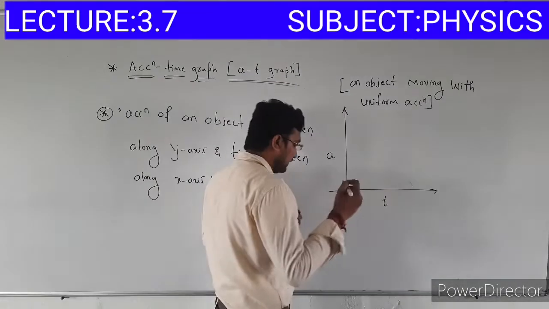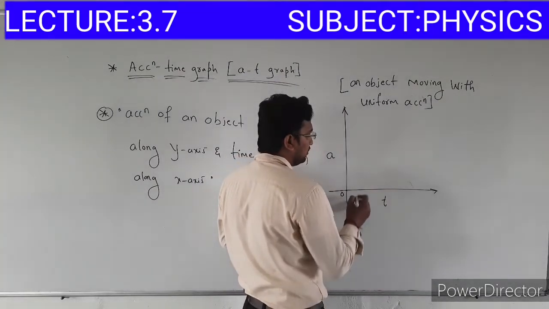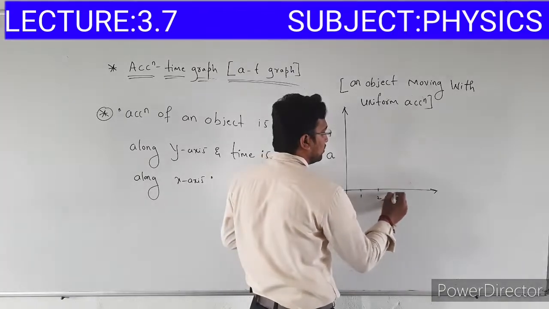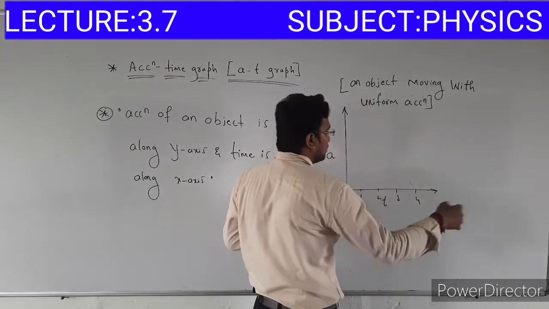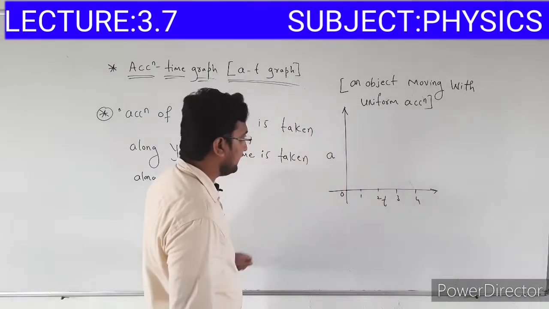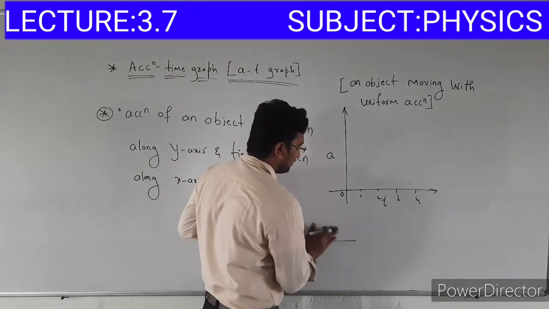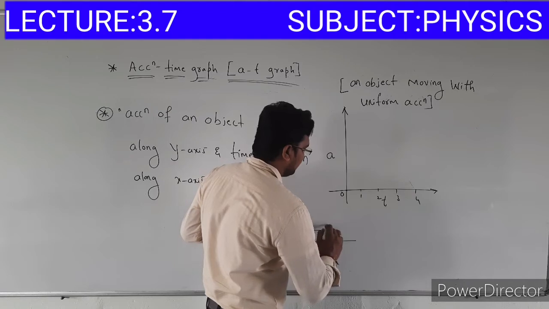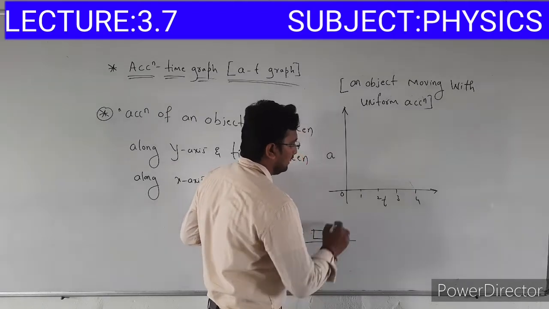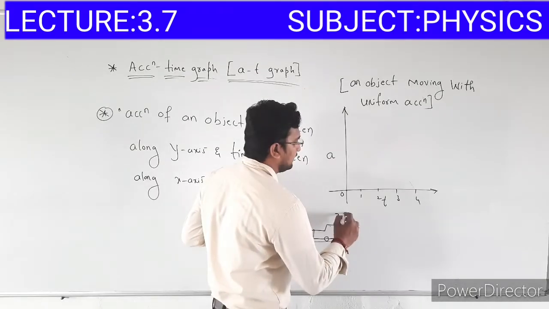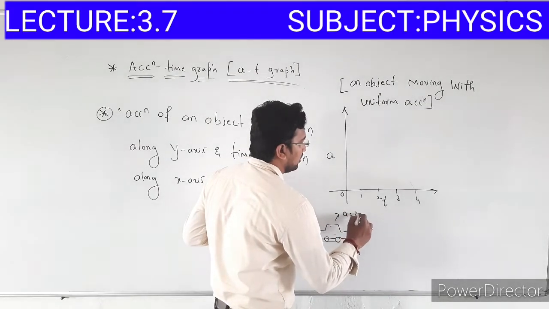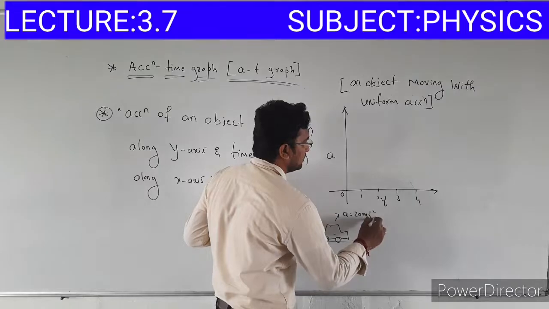In this case, this is the origin O, the time is 1 and this is 2, 3, 4, and so on. Consider this is a vehicle. This vehicle is moving with an acceleration of 20 meter per second square.